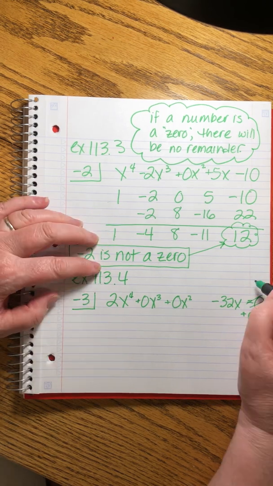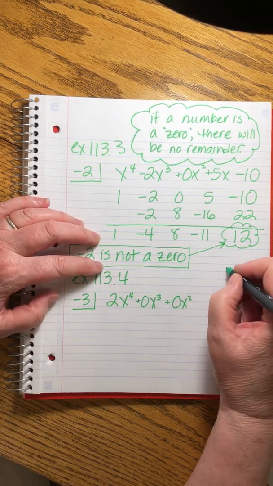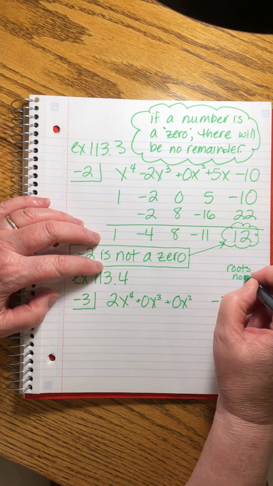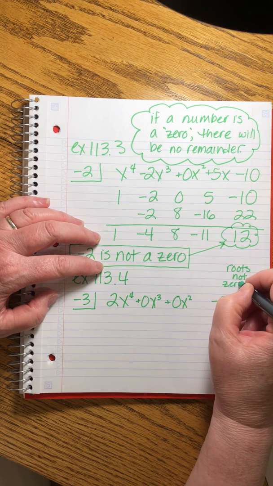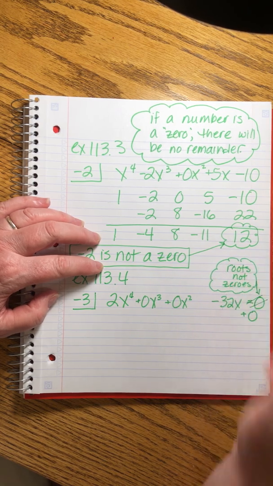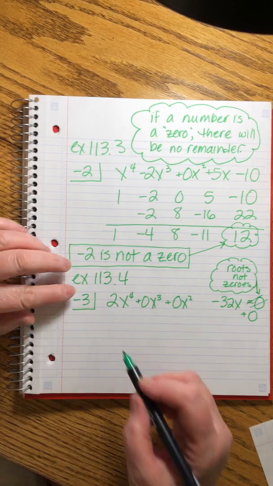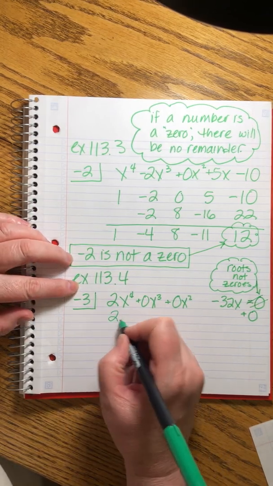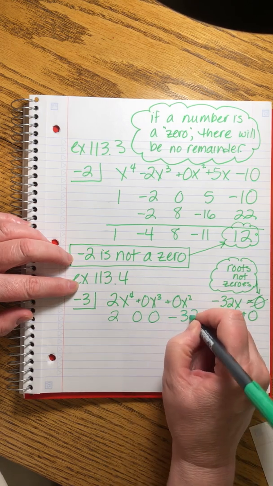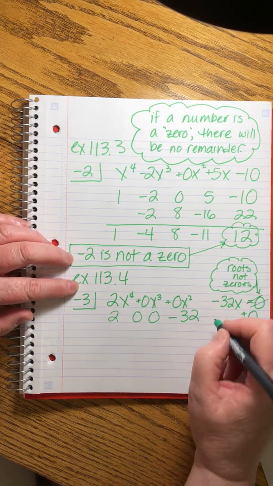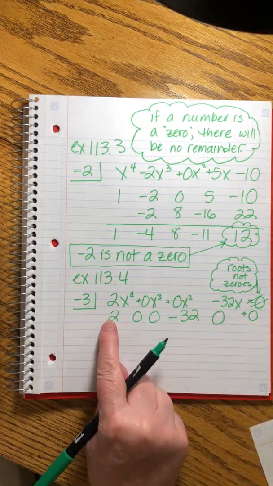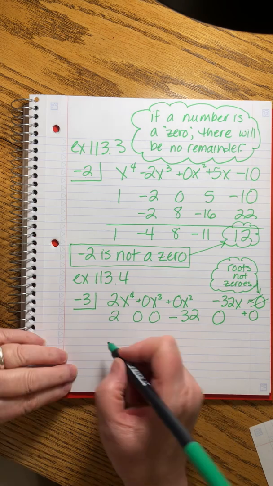All this does is tell me that my answer will be about roots, not zeros. It's just a terminology indicator. Okay, so let's write the numbers. It's 2, 0, 0, minus 32, and 0. Okay, 1, 2, 3, 4, 5.